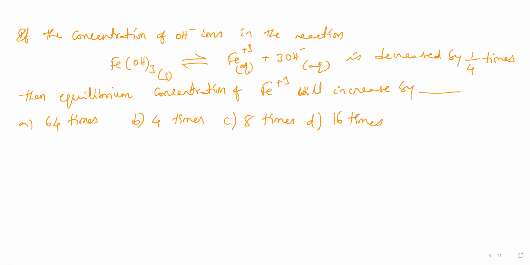What is the question? In the reaction, we are decreasing the concentration of OH minus ions by 1 by 4 times. How many times are we decreasing, sir? 1 by 4 times. Then what happens to the equilibrium concentration of Fe plus 3 ions?